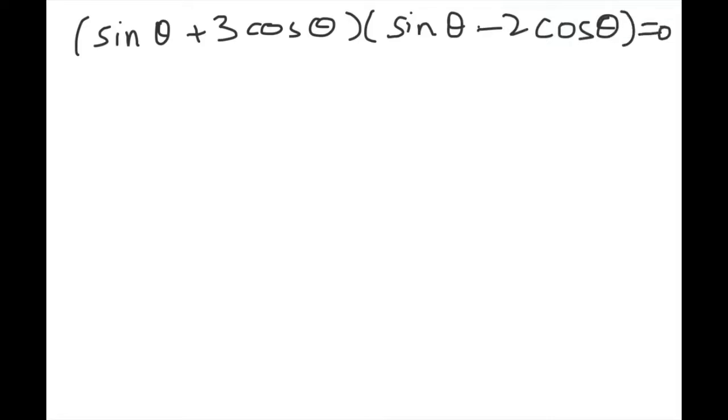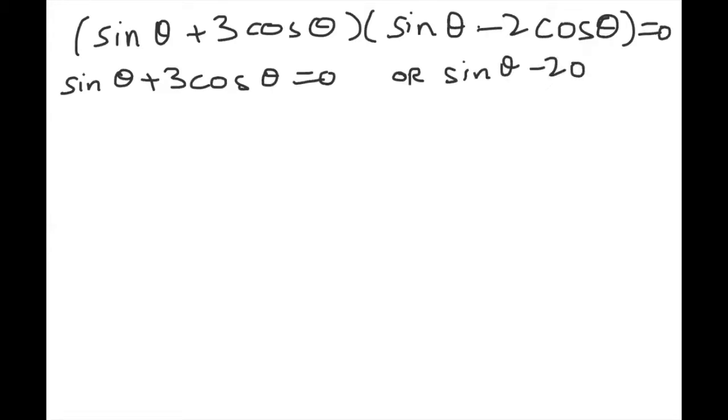Now you just do the normal: take each bracket and make that equal to 0. Sine theta plus 3 cos theta equal to 0, or sine theta minus 2 cos theta equal to 0. Now at this point, we're going to do exactly what we did with the previous sums. We have to find theta.